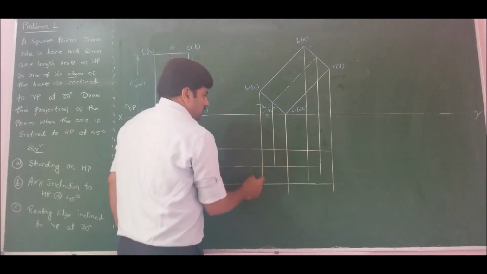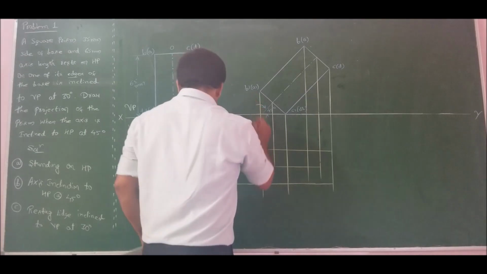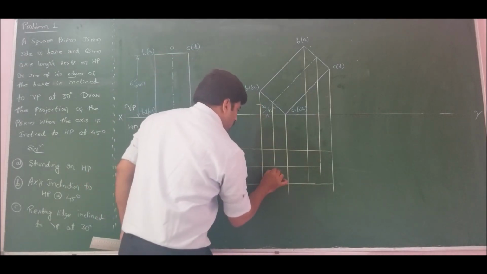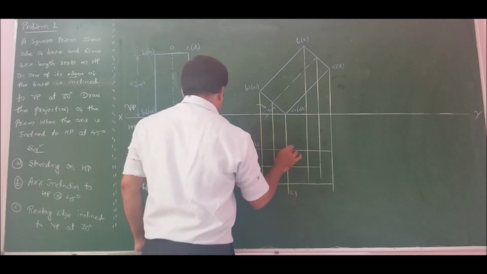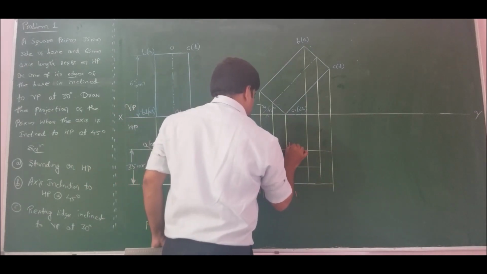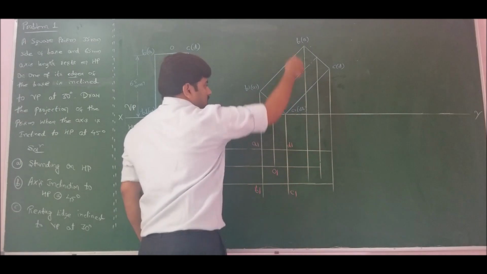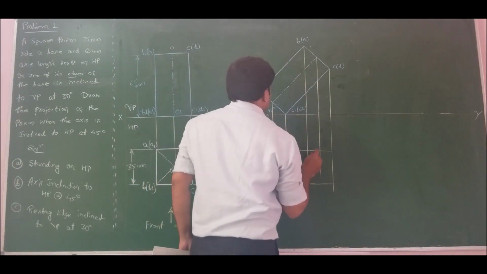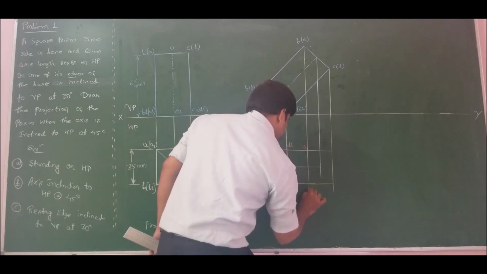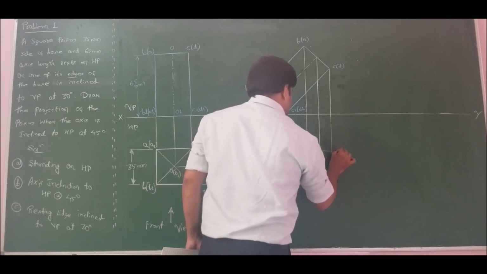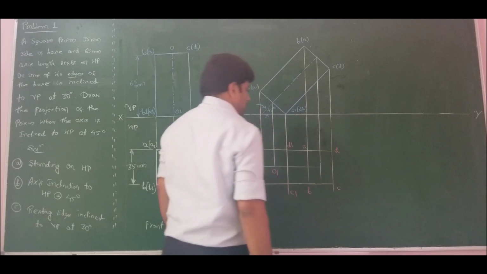So at the base we have the corners as, center is O1, and at the bottom I have B1, and here I will get D1. At the top face correspondingly I will get A, at bottom it is B, here it is D, and I will get C.